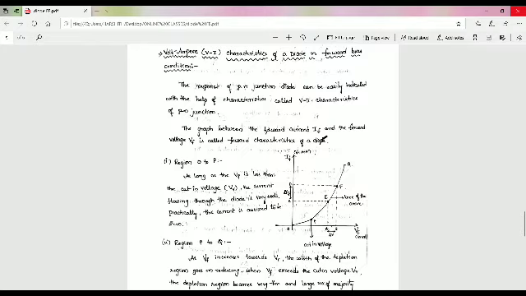This is the forward VI characteristics. The graph of the forward current IF against the forward voltage VF across the diode is called the forward characteristics of the diode.